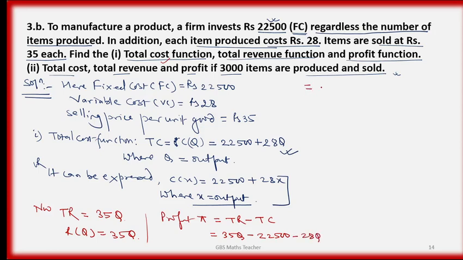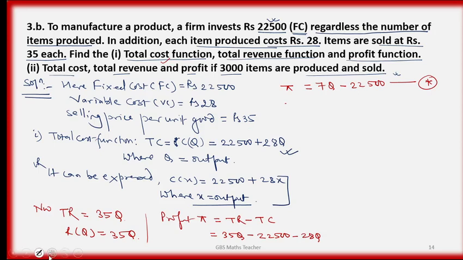So profit pi equals 35 minus 28, that is 7Q, minus 22,500. This is the profit function. The first part is completed.